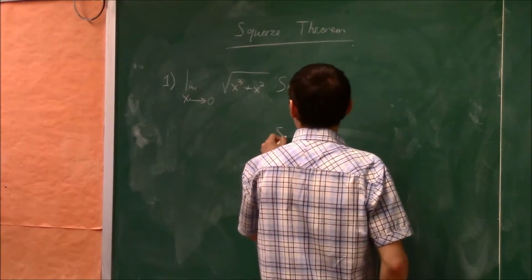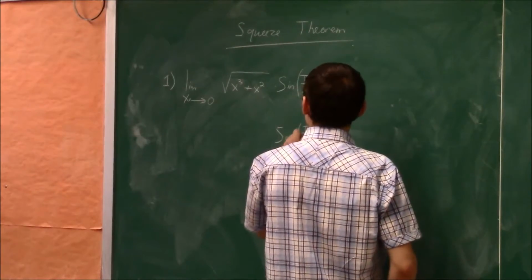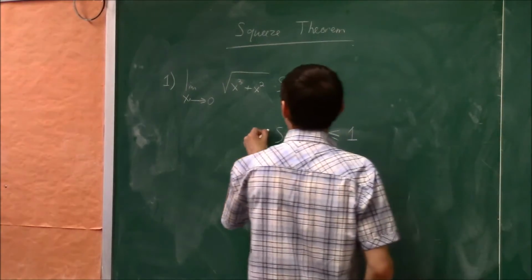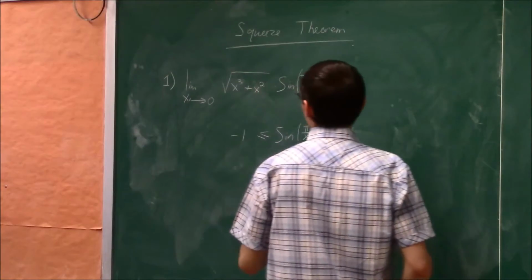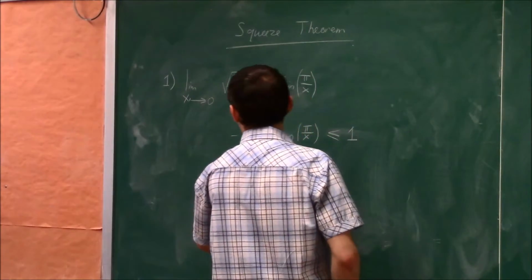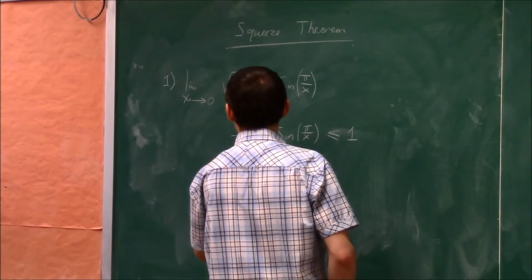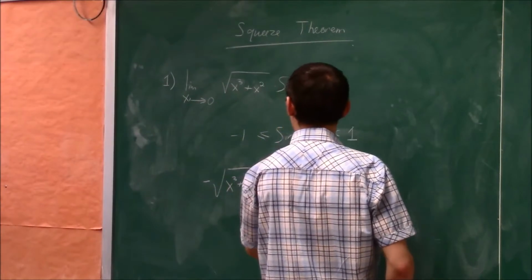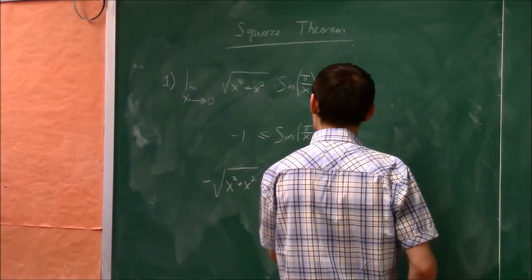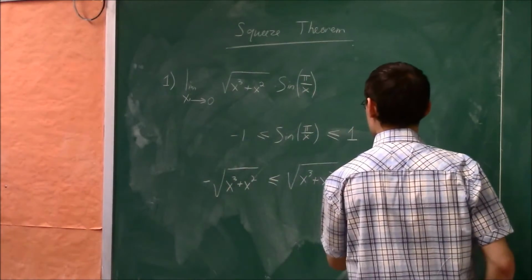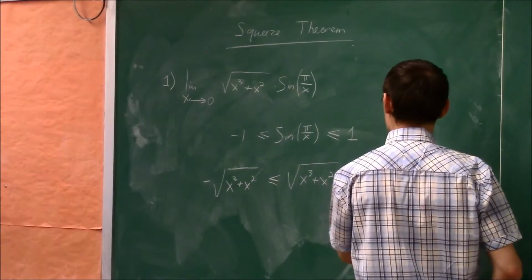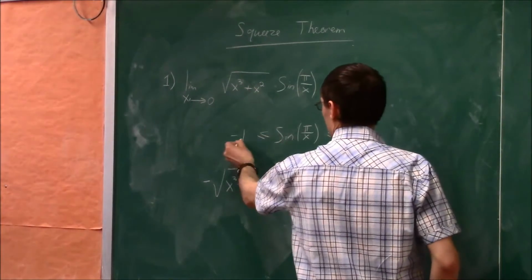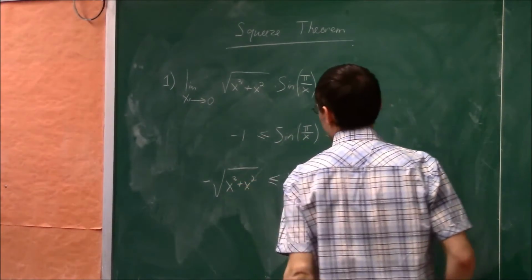So to do so, observe that sine of pi over x is, no matter what the angle, always smaller than or equal to 1 and always bigger than or equal to minus 1, which implies that the original expression is between the root of x cubed plus x squared with a negative sign and it's bounded above, so I multiply each part of the inequality by root of x cubed plus x squared.